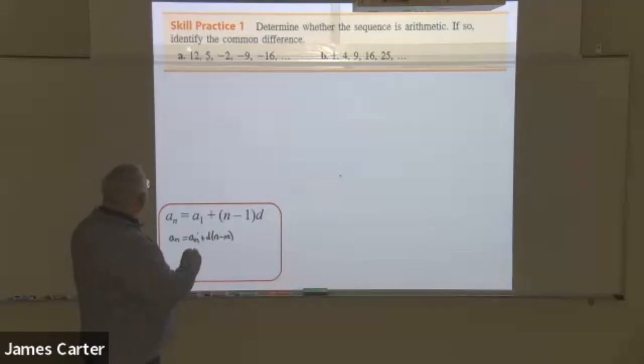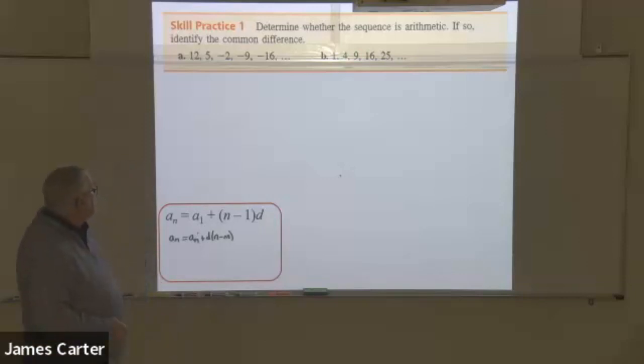Notice when I had the negative common difference, my term values were going down instead of up. What about this one? 4 minus 1 is 3, 9 minus 4 is 5, won't work. Okay, that one won't work. Actually, that's the list of perfect squares. N squared is the rule for that one, if you want to make that little note.